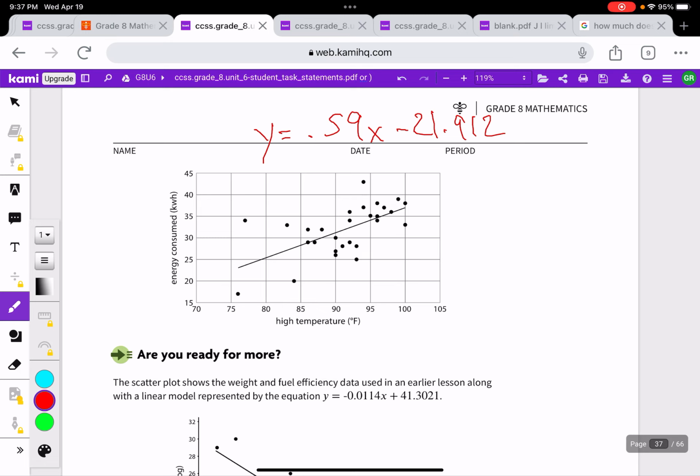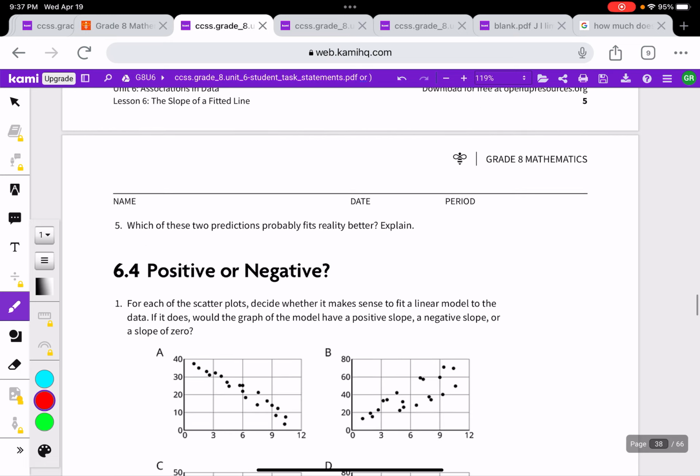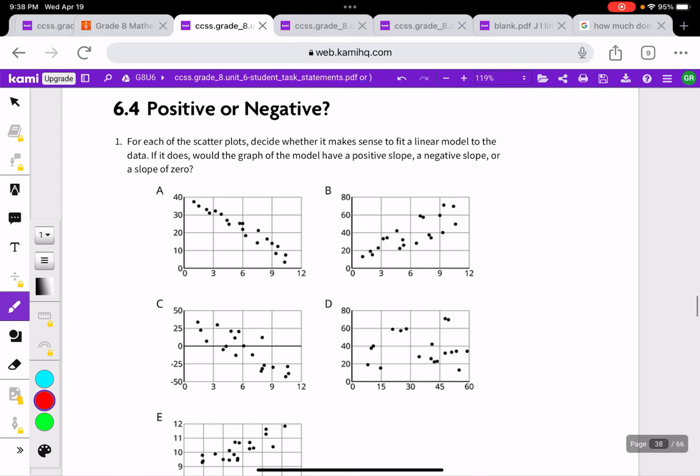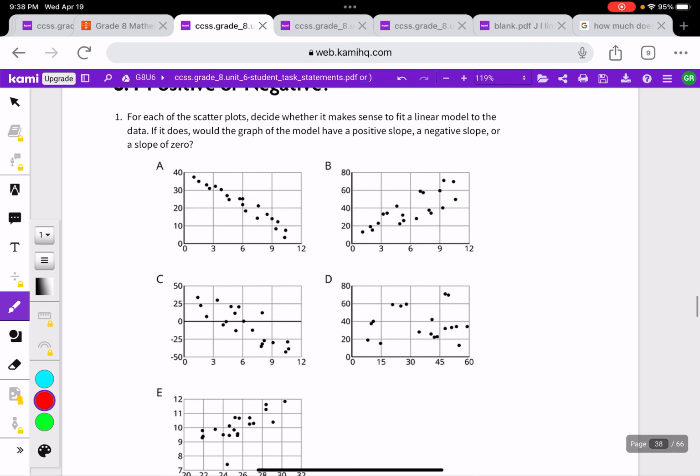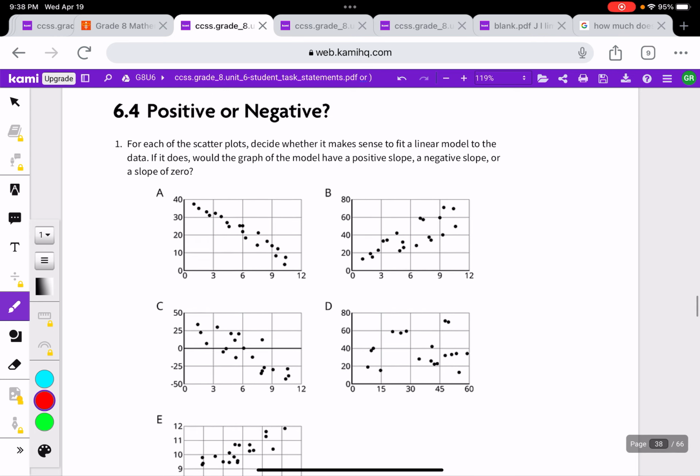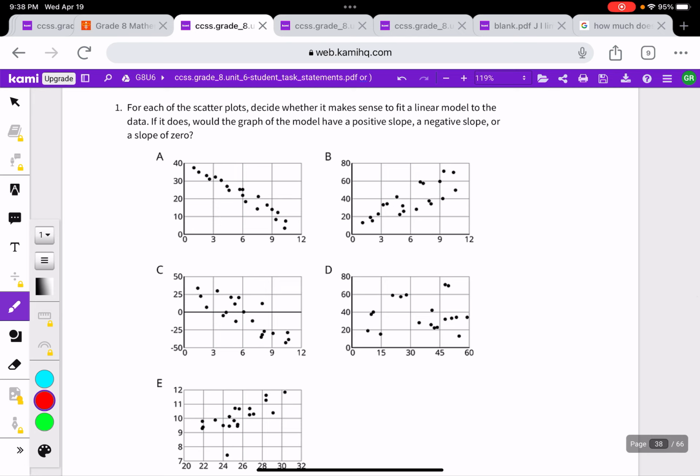So that is that. There's one other problem, and it's 6.4, and this is something I don't think you're going to need my help at all. It says positive or negative. It says for each of the scatter plots, decide whether it makes sense to fit a linear model to this data. If not, in other words, decide if you could draw a line.